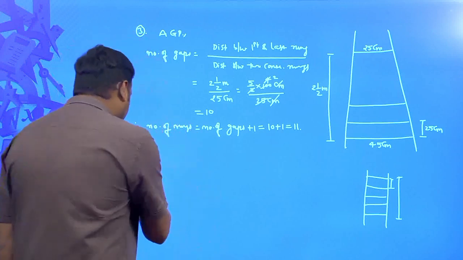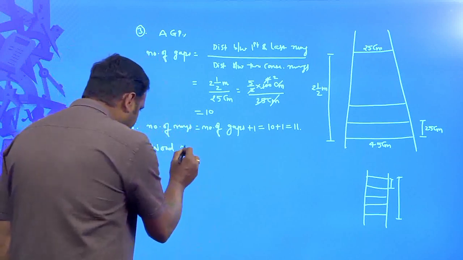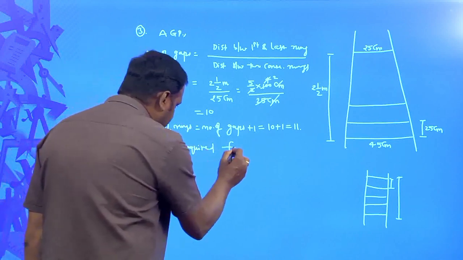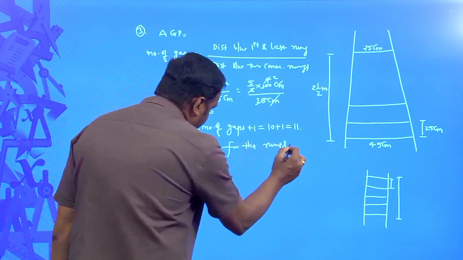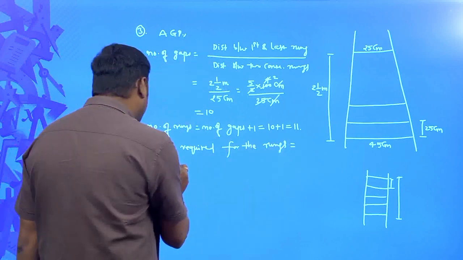So, therefore, the wood required for the rungs is equal to the sum to how many terms are there?